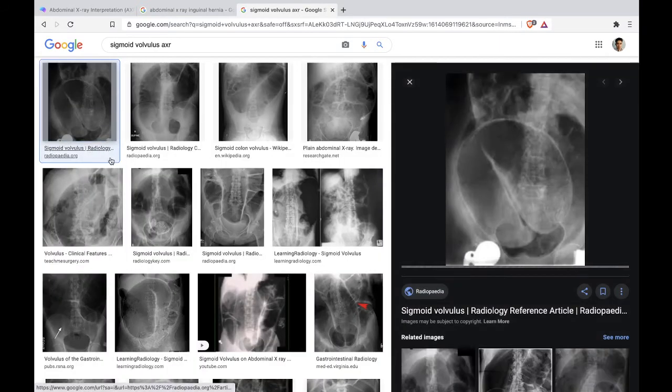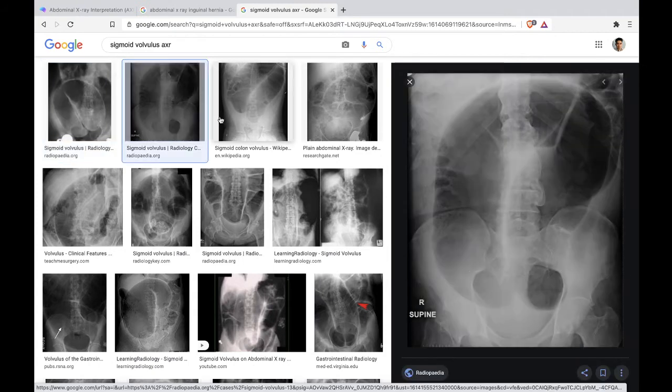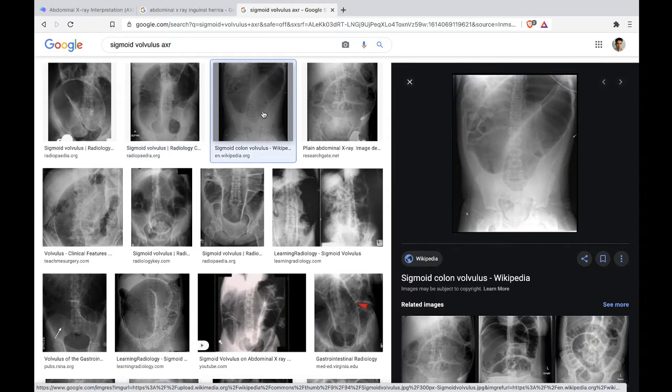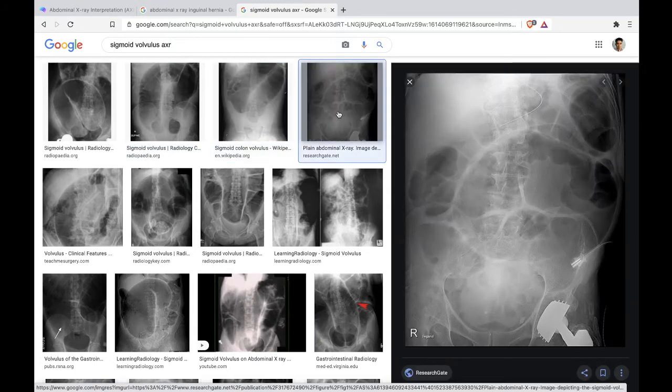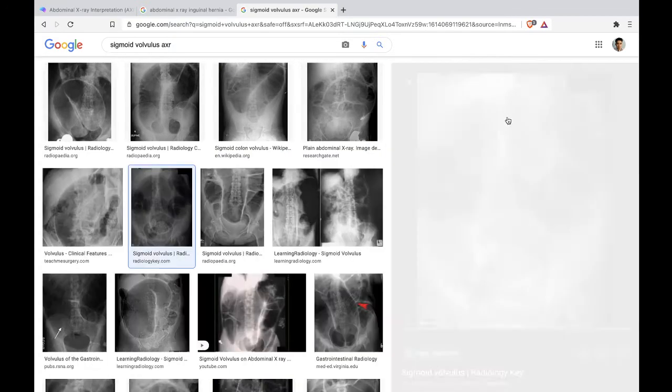Yeah, this is so typical coffee bean appearance. It's like a textbook picture of a sigmoid volvulus. This is a huge coffee bean. Sigmoid volvulus. So this is your coffee bean appearance. Alright.